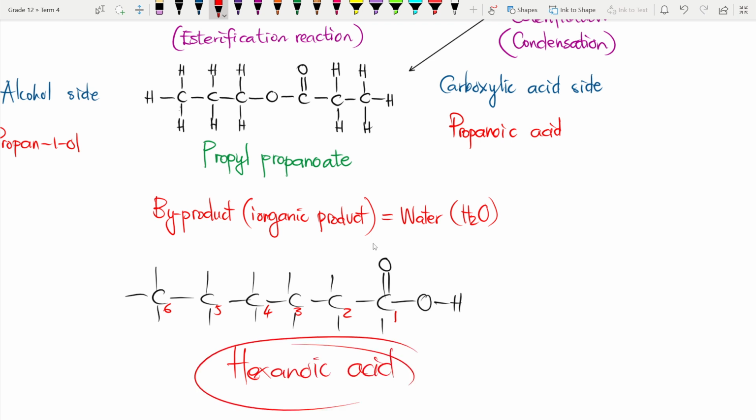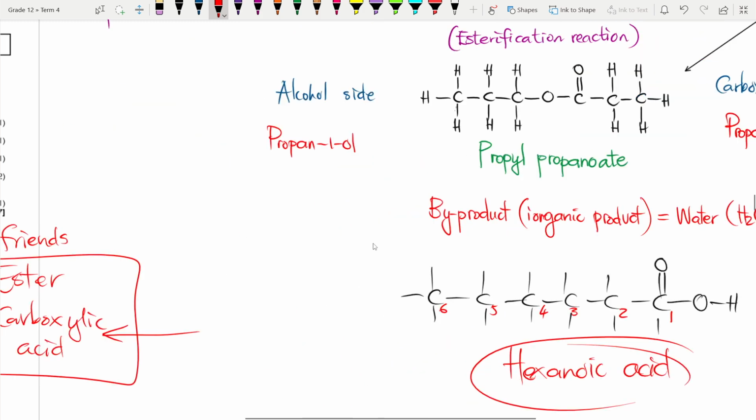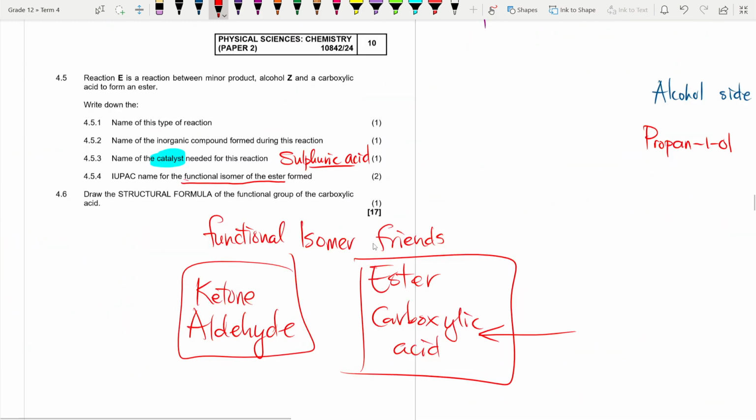That's the answer they are looking for. But if there's anything you have to take away, it is that a functional isomer of an ester is a carboxylic acid. A functional isomer of a carboxylic acid is an ester. Okay, cool. So to answer this question, we're going to write hexanoic acid.